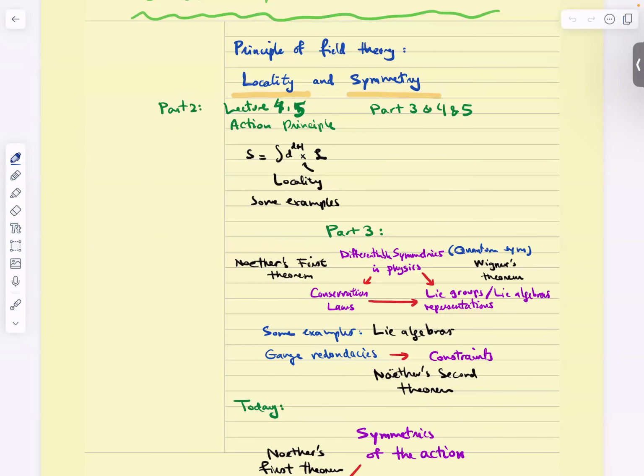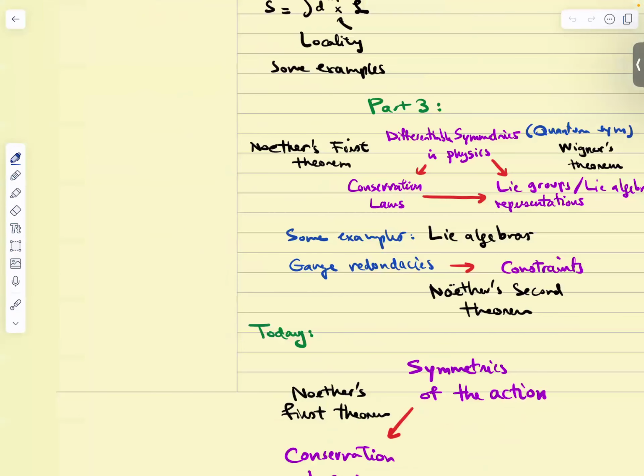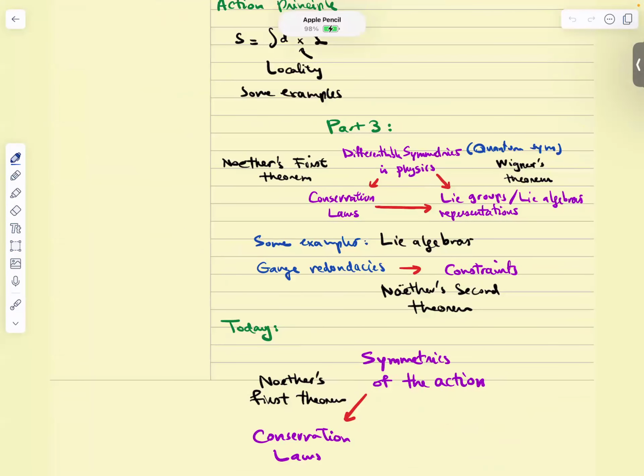So part 3 of the course, similar to this action principle picture, I want to give you some picture to hold on to. And the picture is this. So symmetries, it's like a triangle. Conserved charges.